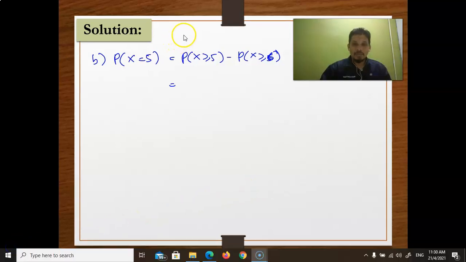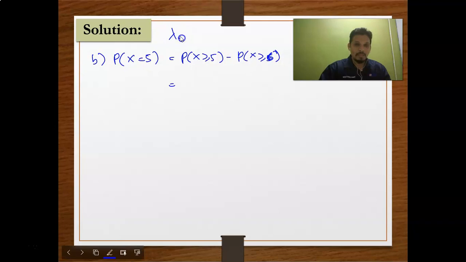Sorry, I made a mistake because I did not refer to the books properly. The lambda is equal to 8, so turn to page 14.